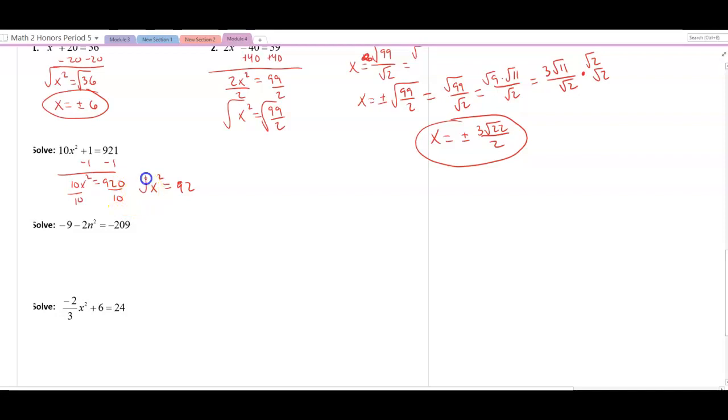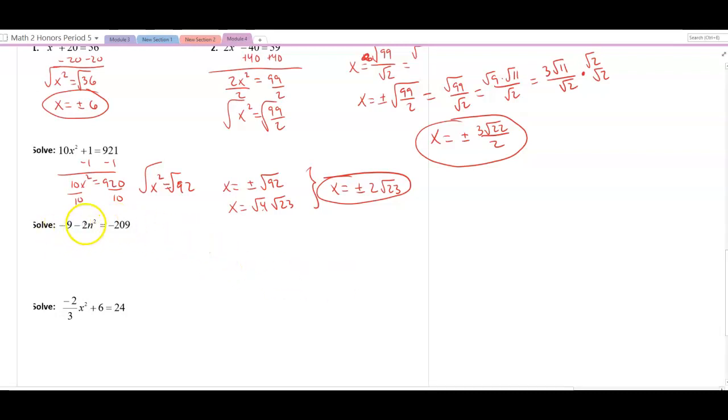So now I take the square root of both sides, and I get x equals plus or minus the square root of 92. And that breaks up into the square root of 4 times the square root of 23. So our final answer here is x equals plus or minus the square root of 4 is 2, root 23. And we are done. Alright, the next two get a little more complicated.